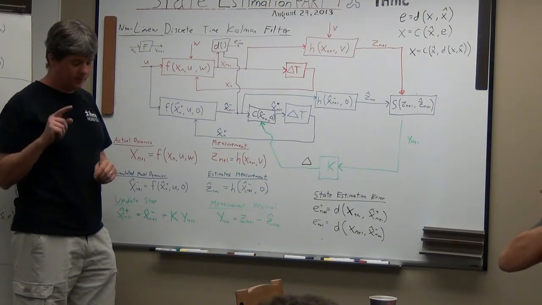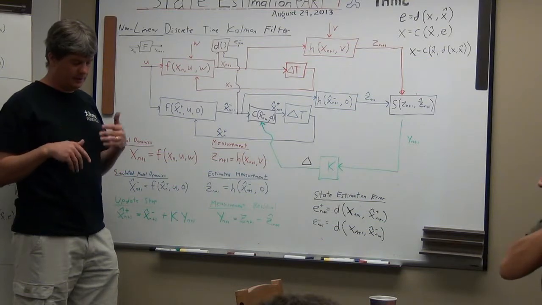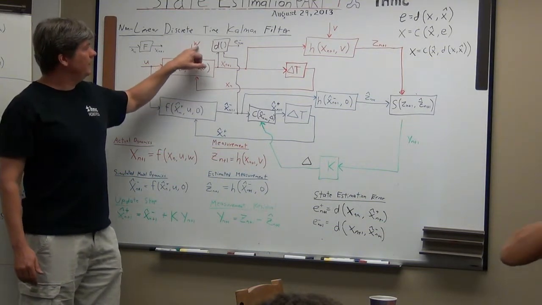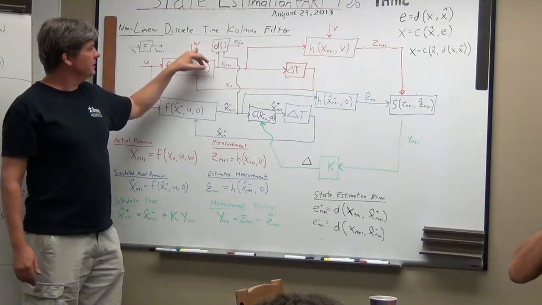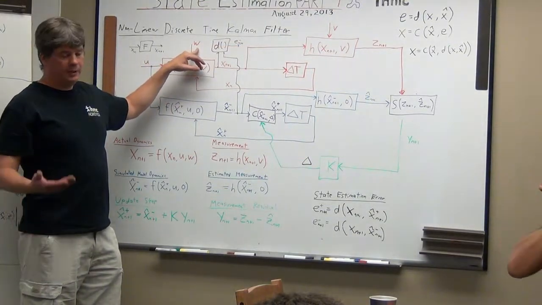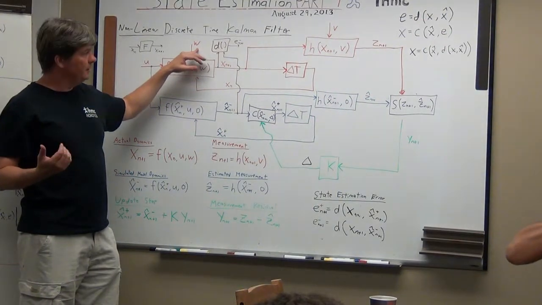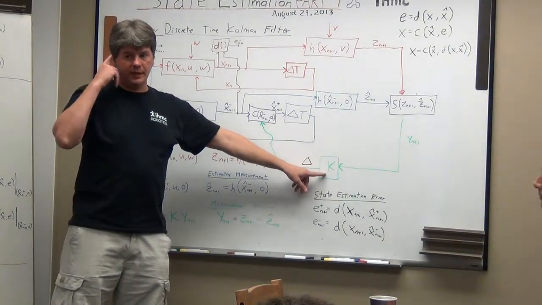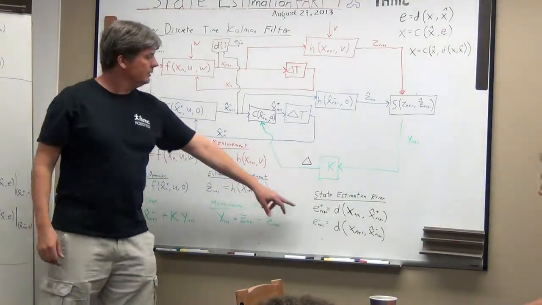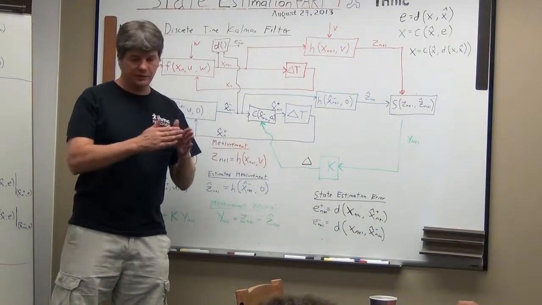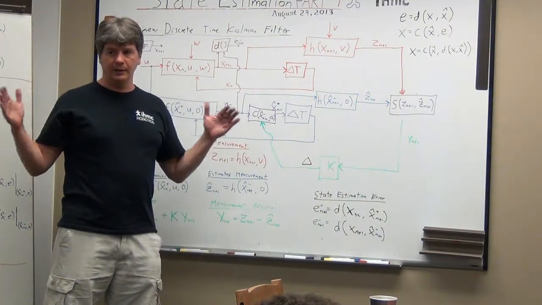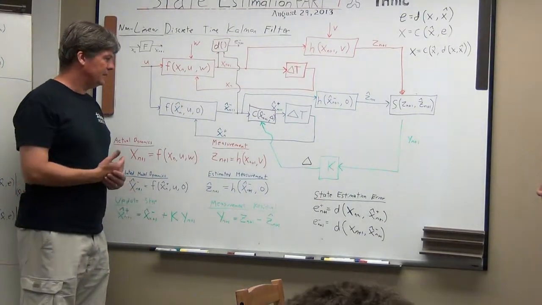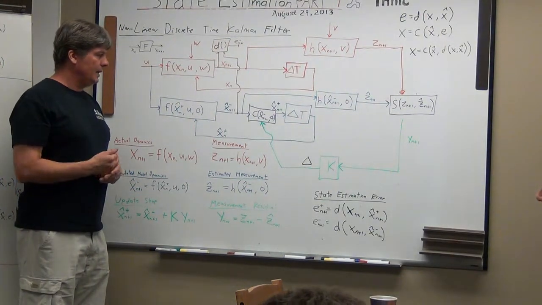From the point of view of probabilistic determination of how good your errors are, if you know that those are both white noise, Gaussian noise, zero mean, and you know their covariances, then there is a way to choose your K exactly, so perfect science, that minimizes your squared error. If you sum up all your errors for every tick, square them and sum them up, you're going to minimize that. So that's just statistics, and we already have statistics.